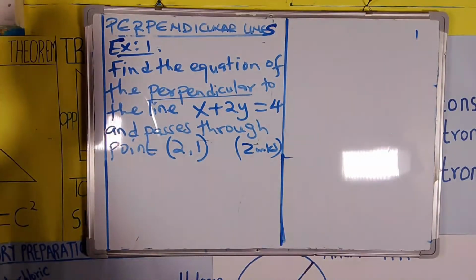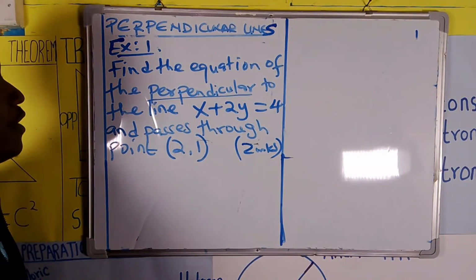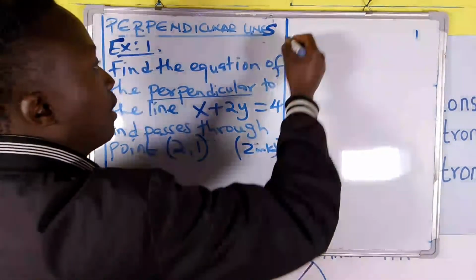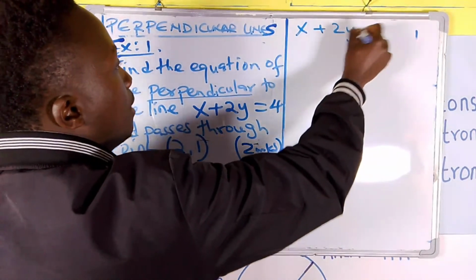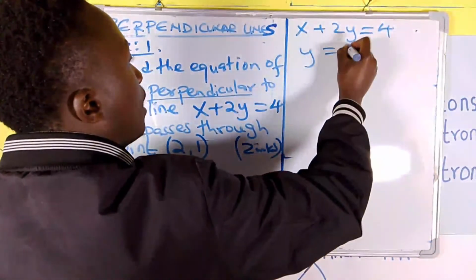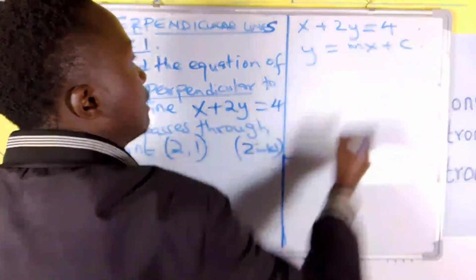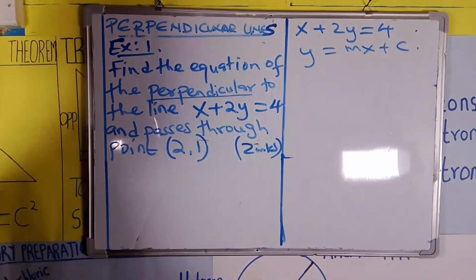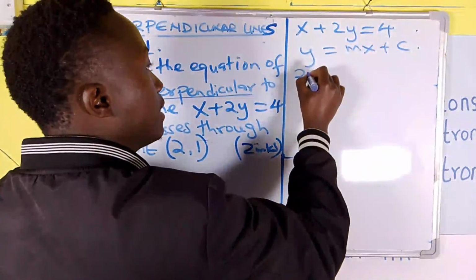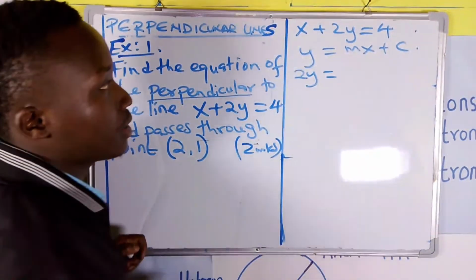So in this scenario, we will first write this equation here: x plus 2y is equal to 4. We need to write it in the form y equals mx plus c. We start with 2y as it is and say equals.